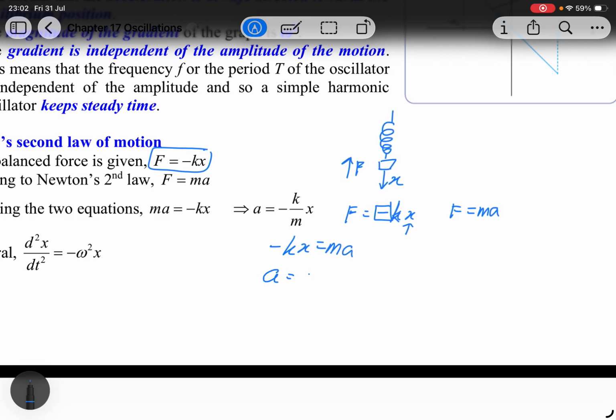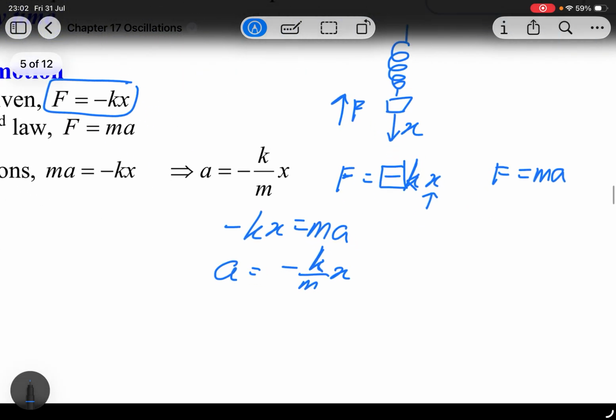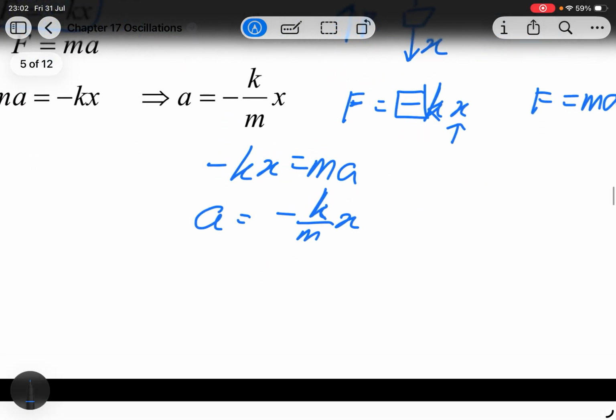Okay? So negative kx. And we also have F equals ma. So a equals negative k over m times x. As you can see here, k, spring constant, and m, mass, are also constant.